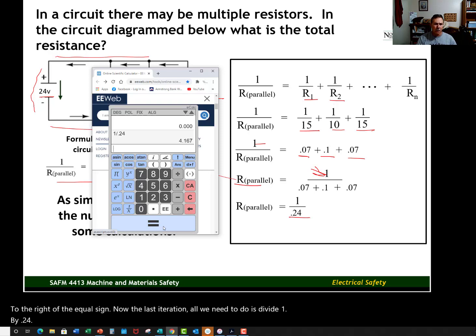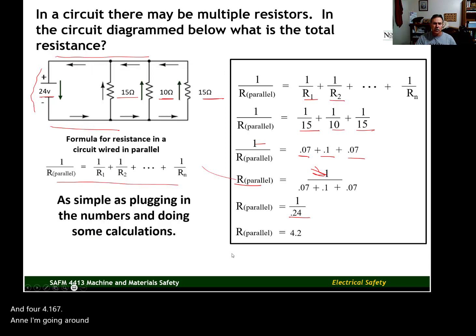That gives 4.167, and I'm going to round that to 4.2. 4.2 ohms is the total resistance in the circuit diagrammed here on the slide. Total resistance, 4.2 ohms. All right, and that's it for calculating the total resistance in a parallel wired circuit.